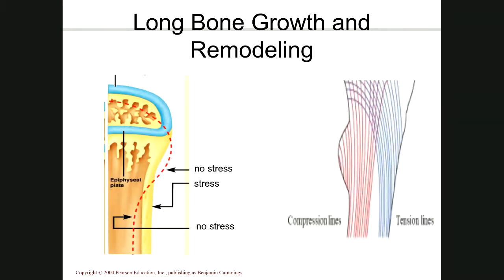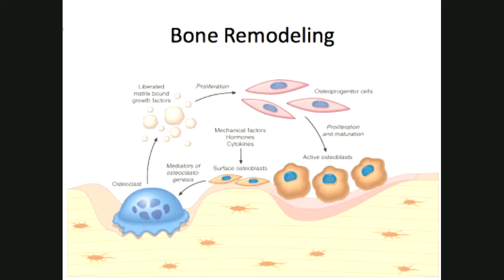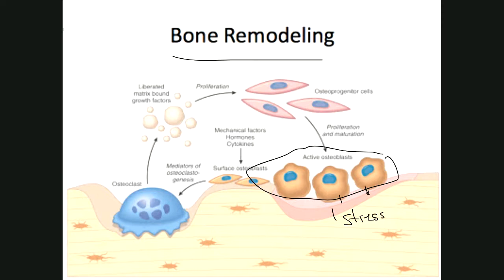So again, stress grows. No stress shrinks. It has to do with this. And then here's our remodeling units. So look, stress is over here. So we're going to activate these cells and they're going to lay down new bone.